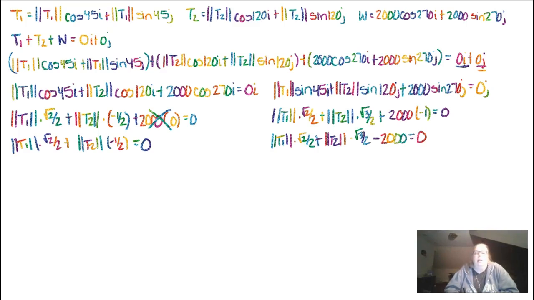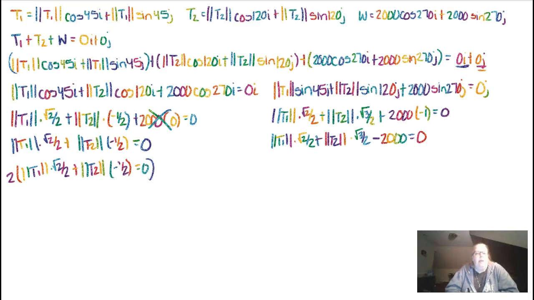Okay. All right. Over here on this side, I'm going to work a little bit. I'm actually going to eliminate the fractions. And then I'm going to solve for one of my variables, and then I'm going to substitute into this equation over here, because then I'll have one equation that has just one variable in it, and I can solve for that. So let's take this equation up here, and I'm going to multiply both sides by 2 because that is my least common denominator. And that should eliminate my fractions for me.